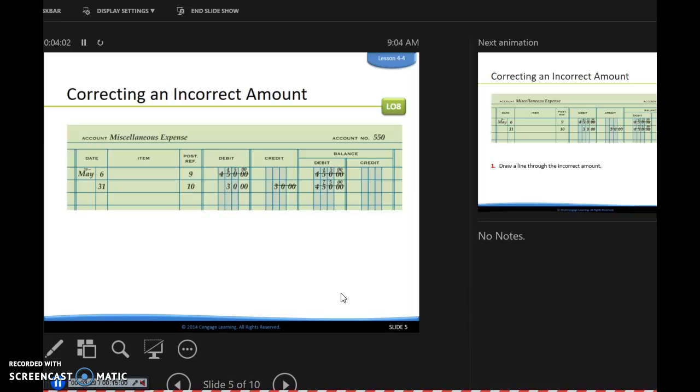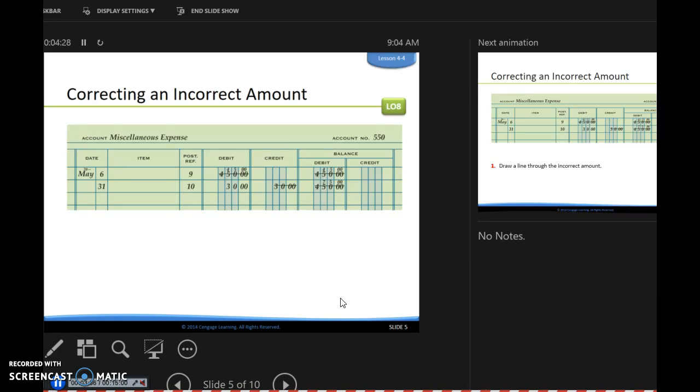Then we have a correction to an incorrect amount in an account. It looks like they put in a $450 debit and it should have been a $45 debit. So they crossed it out and put 45 above the 450, and created a new balance. In the second one, they put it on credit and it should have been on debit.